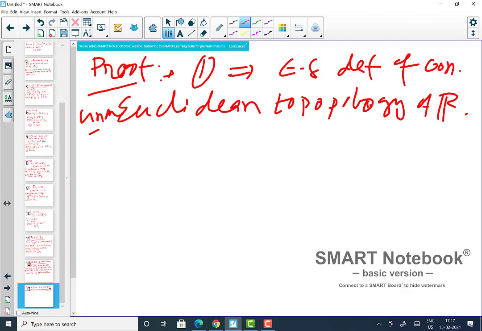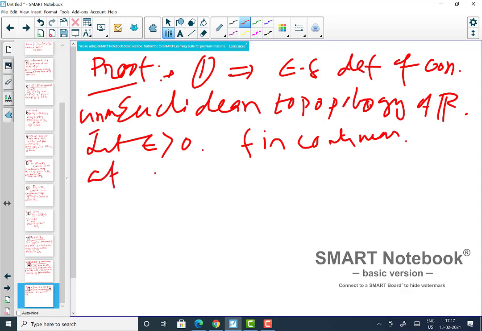Because given epsilon positive, I have to find delta. So how do I find delta? Let epsilon positive be given, and you know that f is continuous at this point, say x naught.